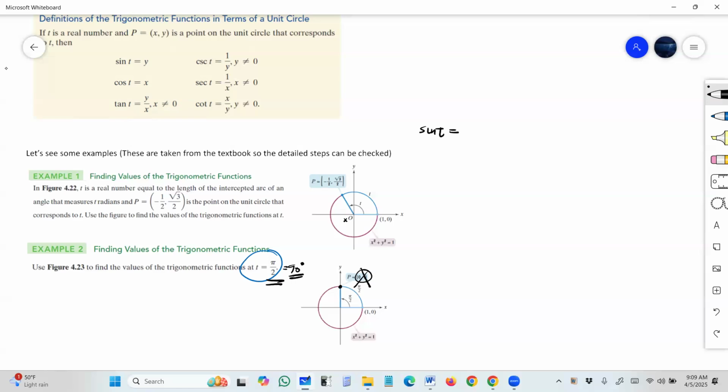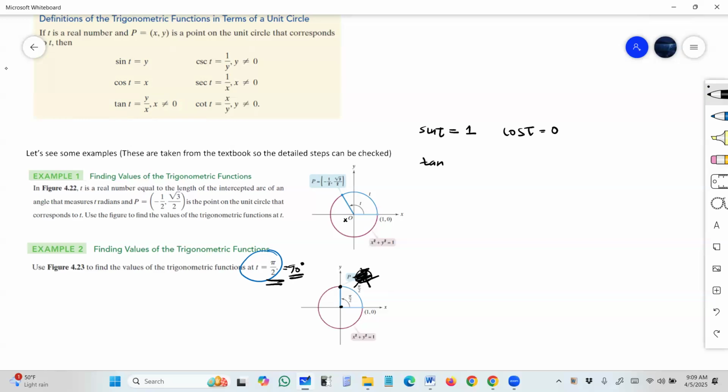So sine t is 1. What is cosine t? Well, cosine t is the x coordinate at this location. So imagine that you don't have the point. The x coordinate is right here, and that is 0. So we have 2 functions already.